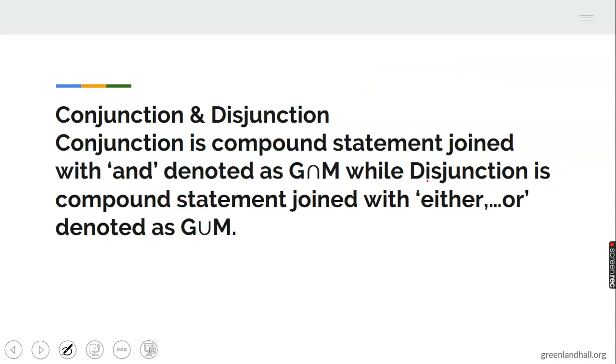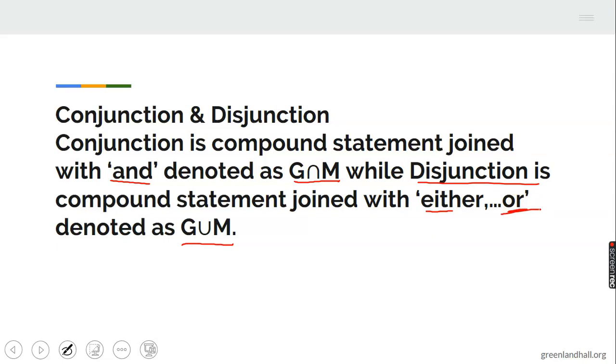We have conjunction and disjunction. Conjunction is a compound statement joined with "and", denoted by the intersection, e.g. G intersection M. While disjunction is a compound statement joined with "either or", let's have "or", denoted as G union M. Union, so it's union or, call it disjunction.